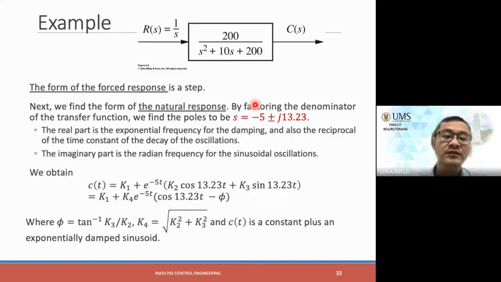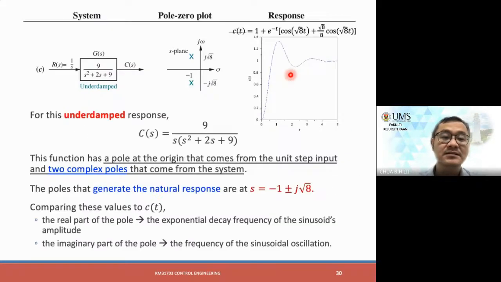If you can solve this, you would notice that it has a complex root for this particular bottom side. Once we know this has a complex root itself, we would expect this would be a kind of damping which we call underdamped.